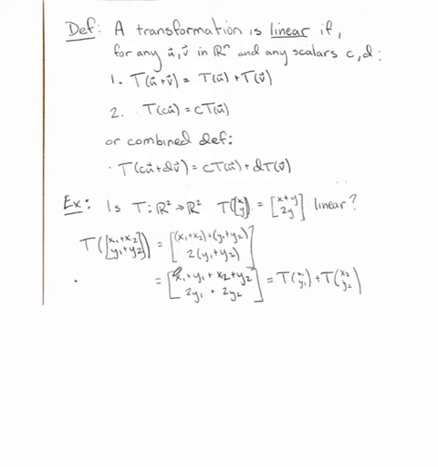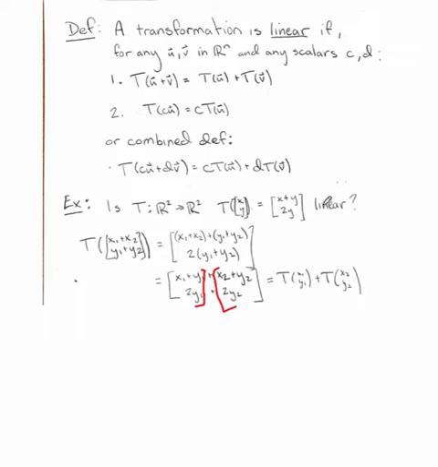Because of associativity and commutativity, I can get this pretty quickly. So I've got x1 + y1 + x2 + y2 on top, and 2y1 + 2y2 below. I skipped a little bit here, but you can think of it as adding these, and that would be T(x1, y1) plus T(x2, y2).